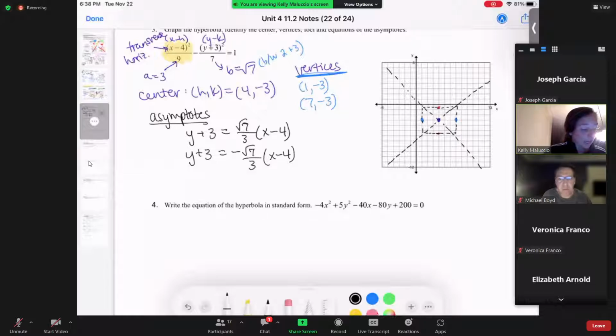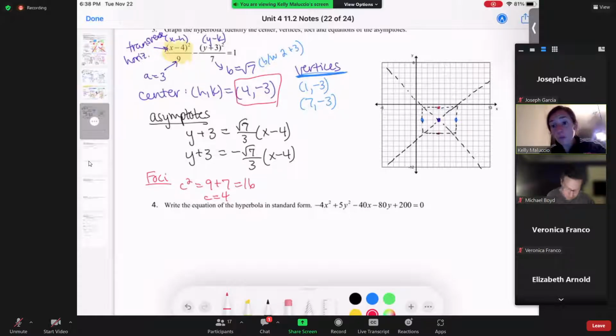And so last but not least is to find the foci. And this is still c squared is a squared plus b squared. So 9 plus 7, which is 16. And so c is 4. So that's nice, right? To get the foci, you're just moving 4 away from the center, right? So again, you could just take the center, 4, -3, and subtract 4 from the x value, and then add 4 to the x value.